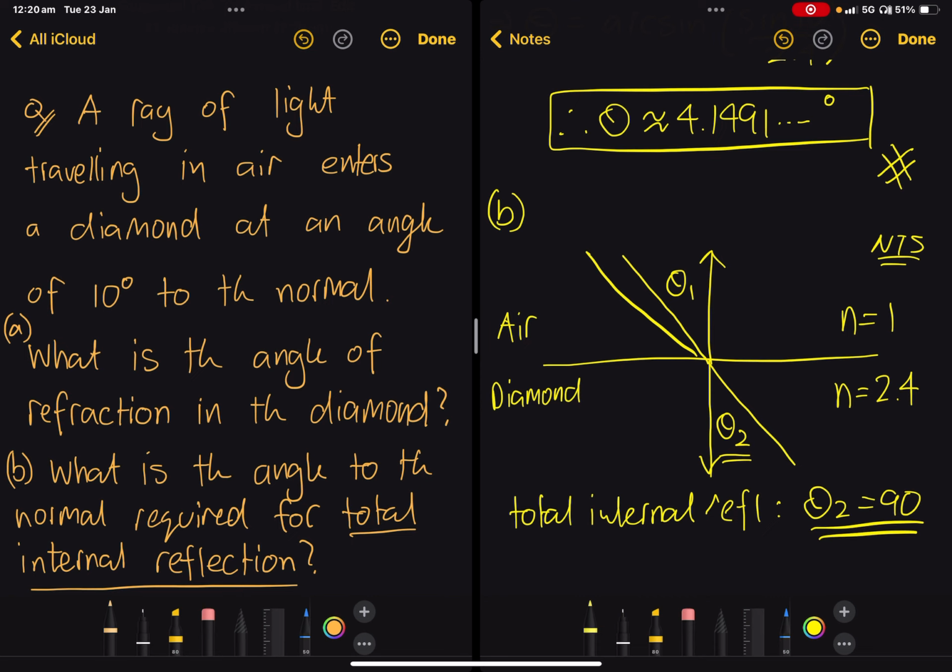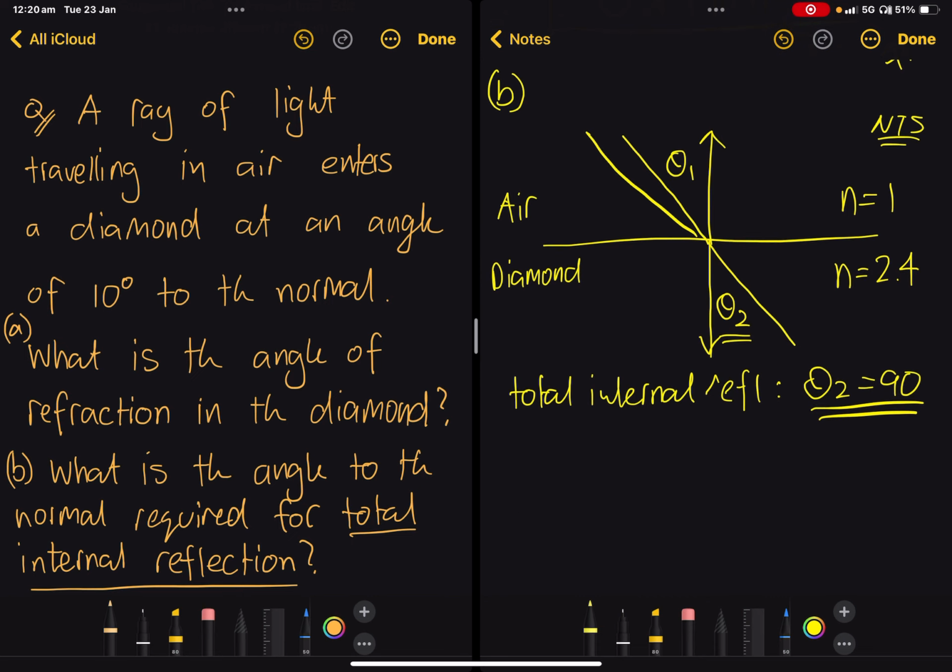This is what it means in real terms: the light comes in and then just reflects internally within the surface, so no ray leaves. And what that means in terms of the mathematics is that theta 2 has to be equal to 90.